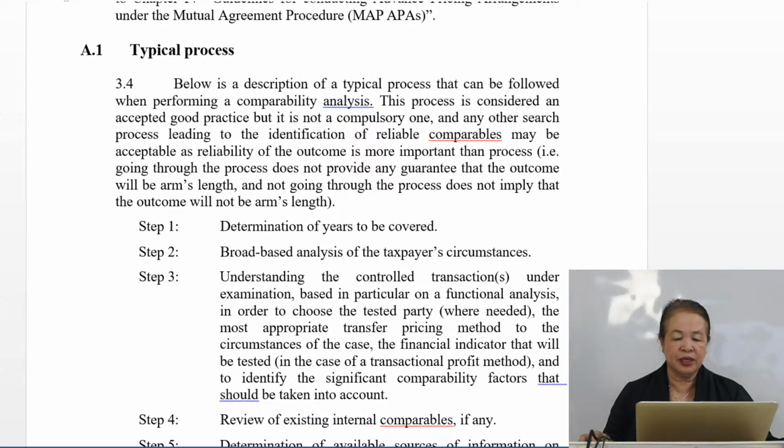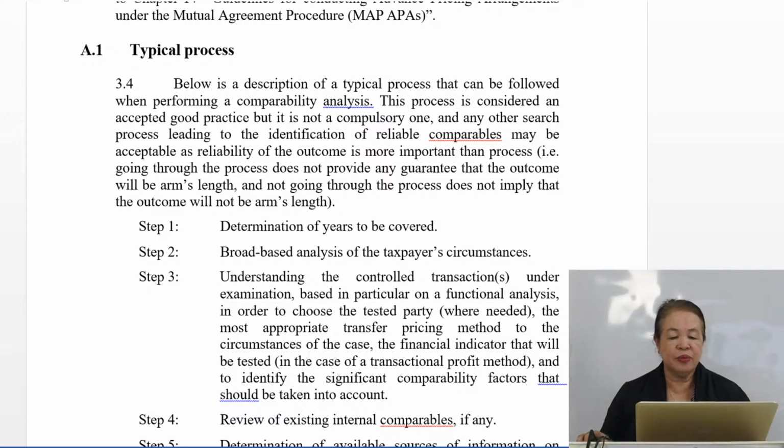Is more important than process. Going through the process does not provide any guarantee that the outcome will be arm's length, and not going through the process does not imply that the outcome will not be arm's length, no? So depending on the facts and circumstances of the case, no?